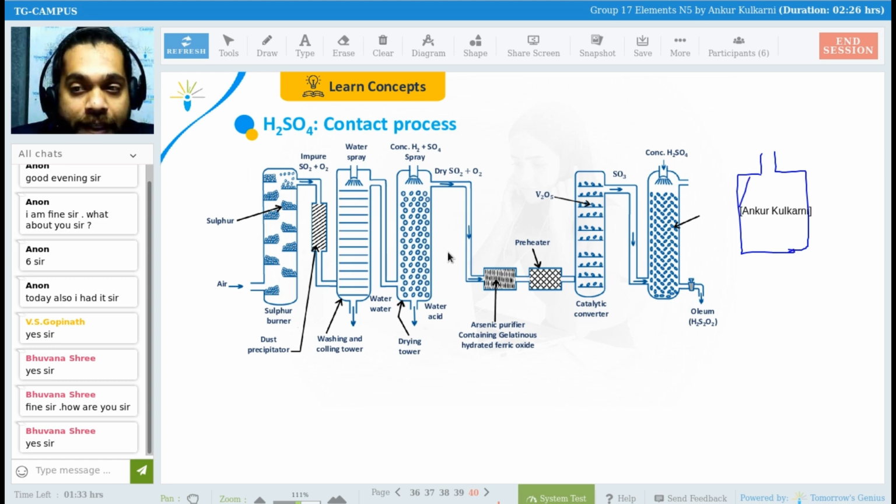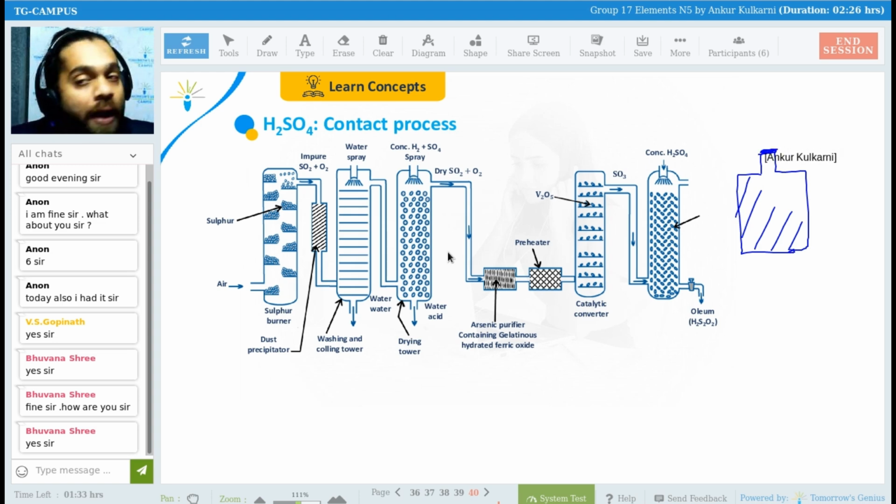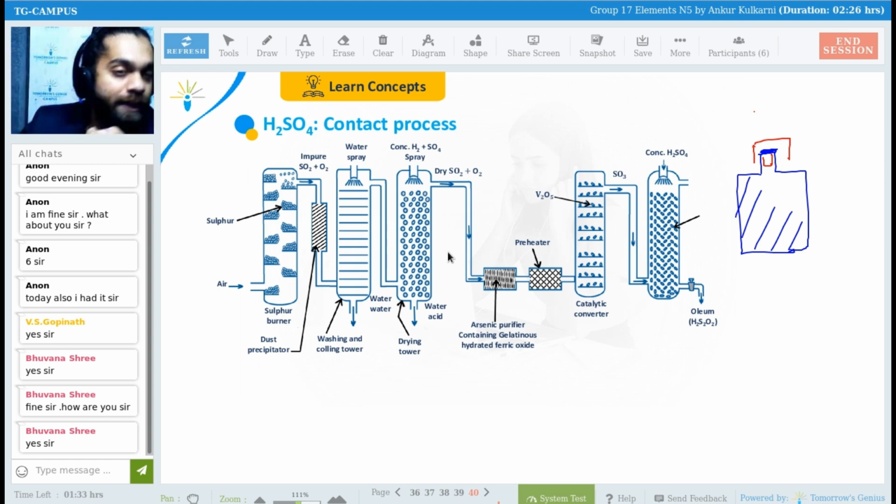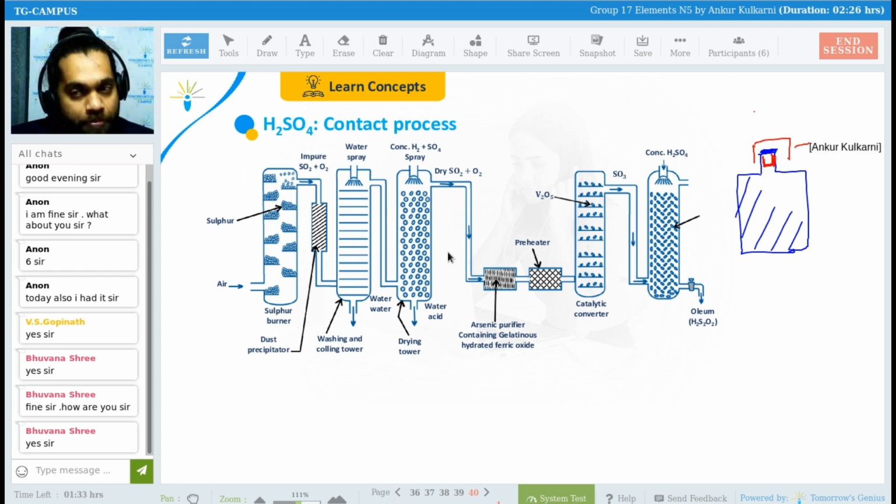On top there is a steel cap, and on top of it a plastic cap. Just inside there is a rubber cap, like what we have in medicines. So we open this plastic cap.